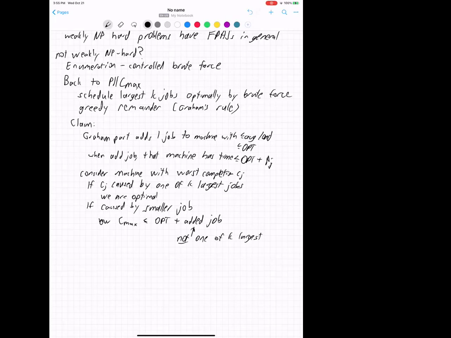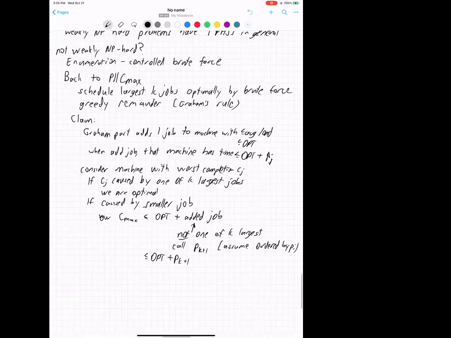Okay. So if I call this job p_{k+1}, right? If I assume the jobs are ordered, then what I know is that my maximum is at most this optimum plus this (k+1)st job size.